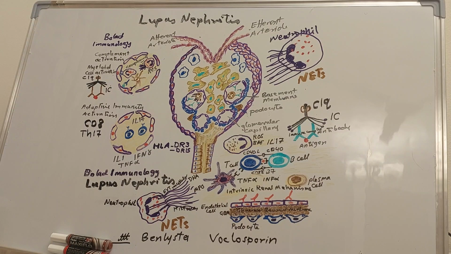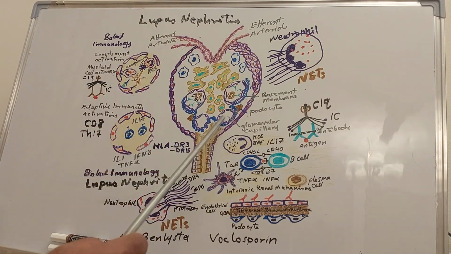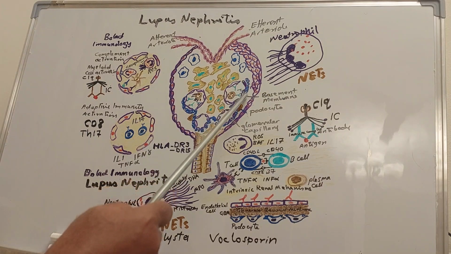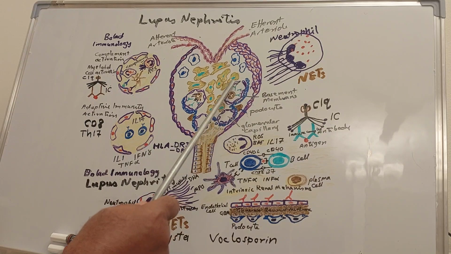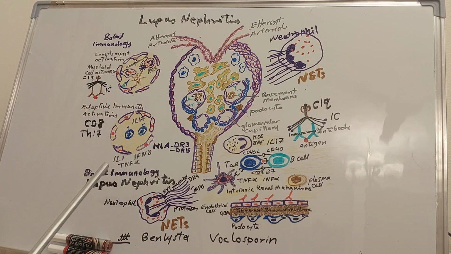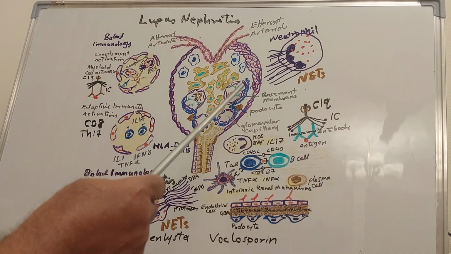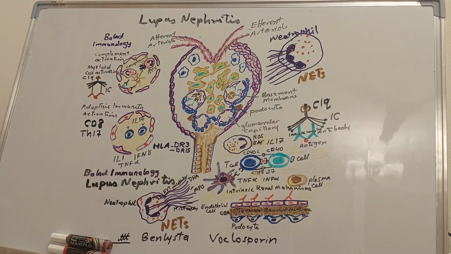Also, as can be seen here, lots of antibodies. This is the glomerulus, this is the basement membrane, and here this is the glomerular capillary, and as can be seen here, there is a large amount of antibodies that are produced in situ, or they come through the circulation.